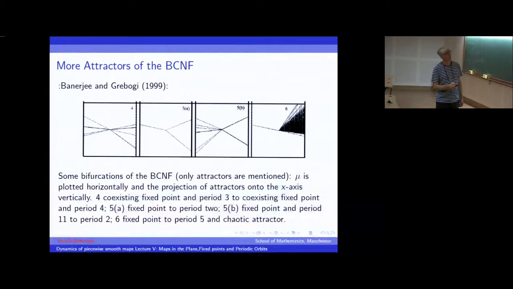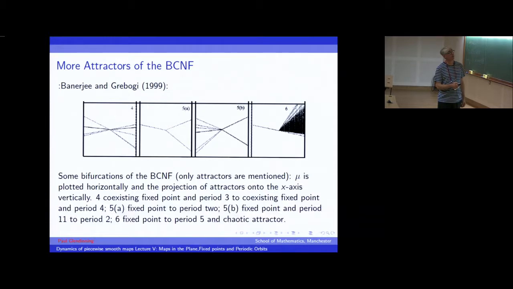This is more complicated, so I'm going to have to read the thing. Four is a coexisting fixed point and period 3, so that's the fixed point, and then 1, 2, 3, you're cycling through that. Two is a coexisting fixed point and period 4.